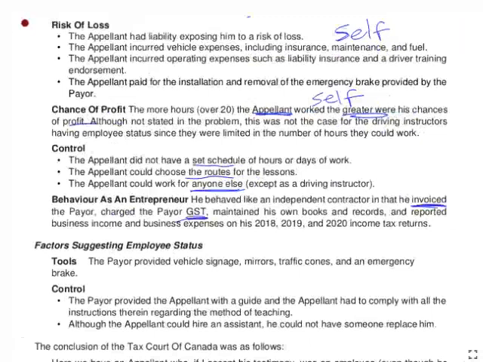He invoiced. He charged GST, HST. He did his own books and records, and he reported his income as business income, claimed the expenses. So certainly behaved as such. So all of that stuff points in the direction of self-employed.